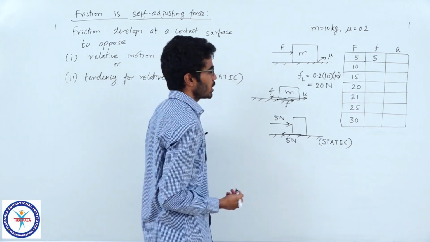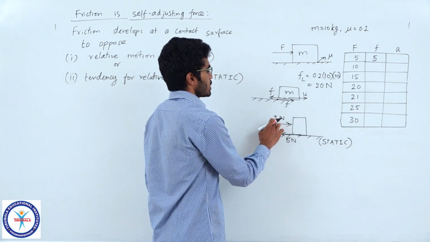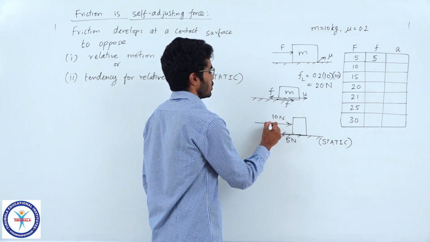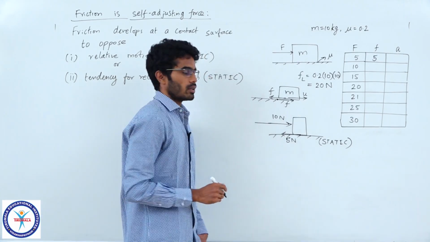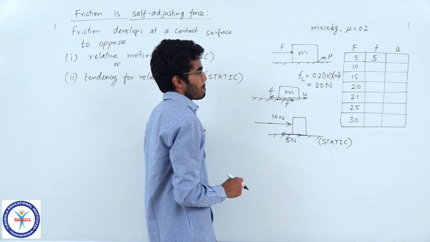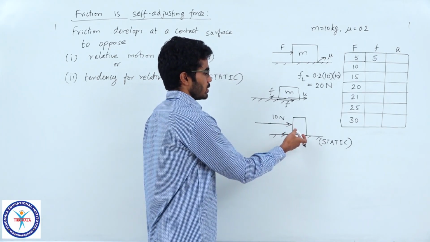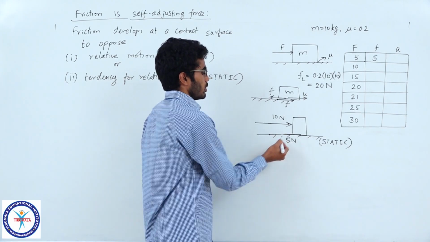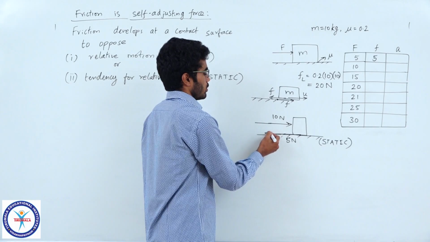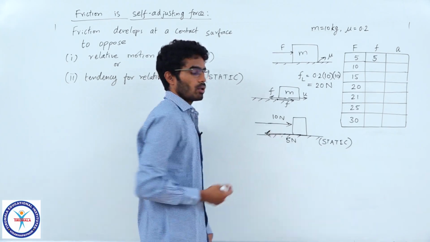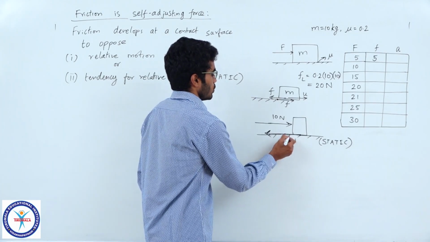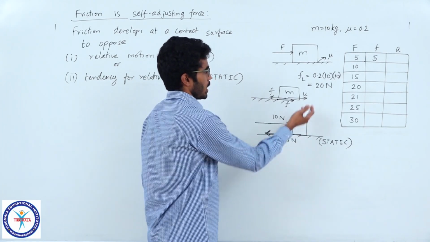Now, what happens if you increase the force? Let us say the force is increased to 10 newtons now. Now, if the friction developing here can have 10 newtons, that friction will be acting on the block to stop it. So, yes, 10 newtons is under the limit.